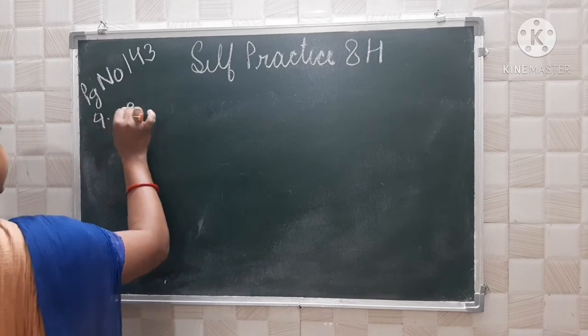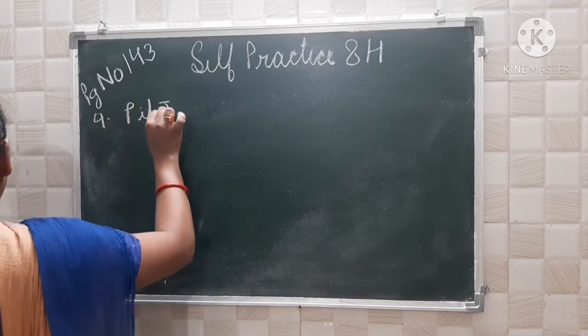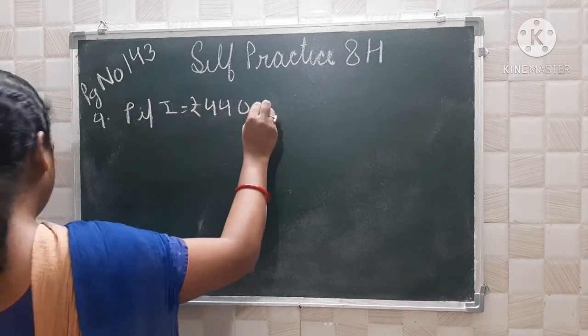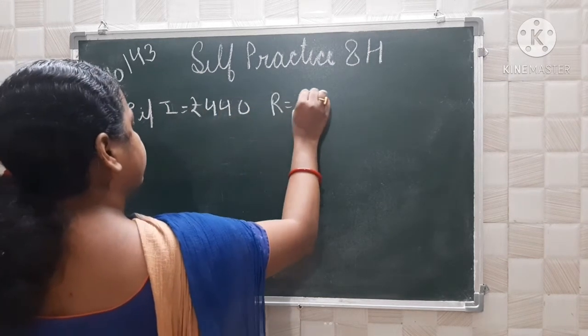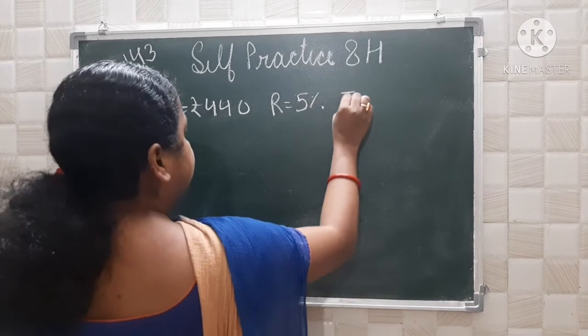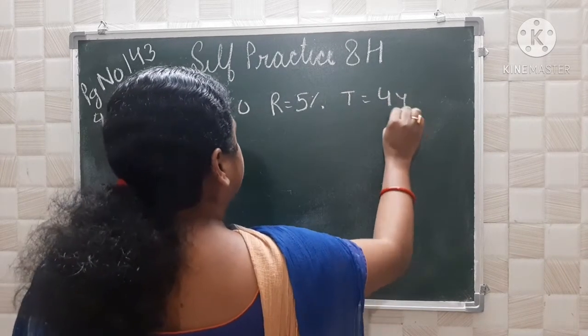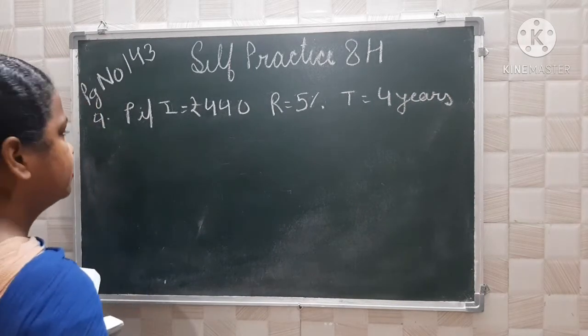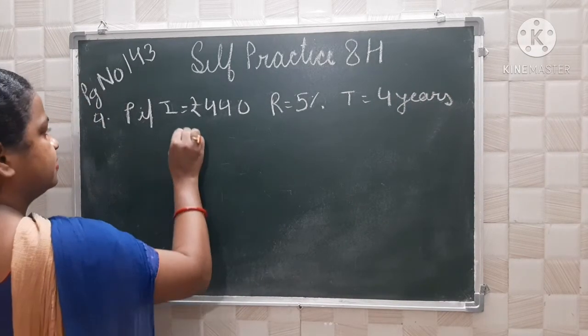Find P if I is equal to rupees 440, R is equal to 5% and T is equal to 4 years. So what will be your principal?